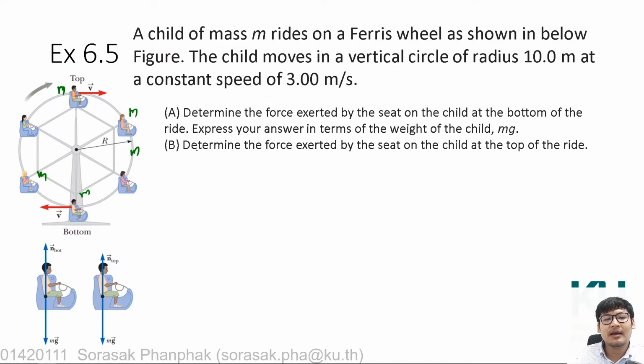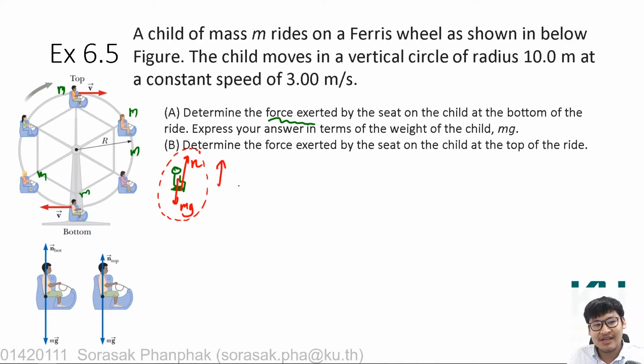If you would like to determine the force exerted by the seat, the kid has his own mass and sits down on the seat. His weight is mg, and the force exerted by the seat is the normal force, right? But whether N equals mg or not depends on the acceleration.